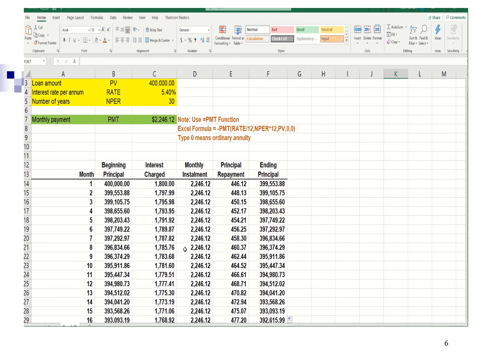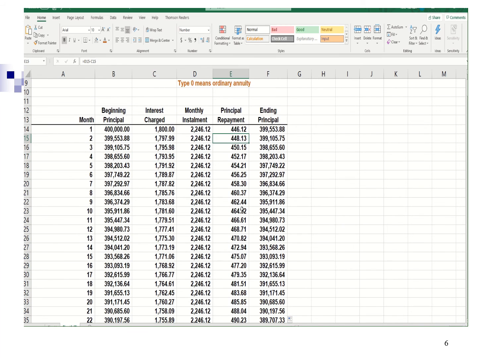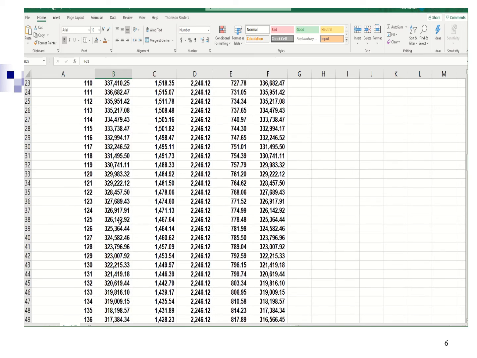Other important information that you can check is interest charge tends to be high at the beginning of the loan period. Principal repayment is relatively lower, but you can see the interest charge will reduce over time. Principal repayment will increase over time. This is because the amount of principal you owe the bank is getting lower over time.